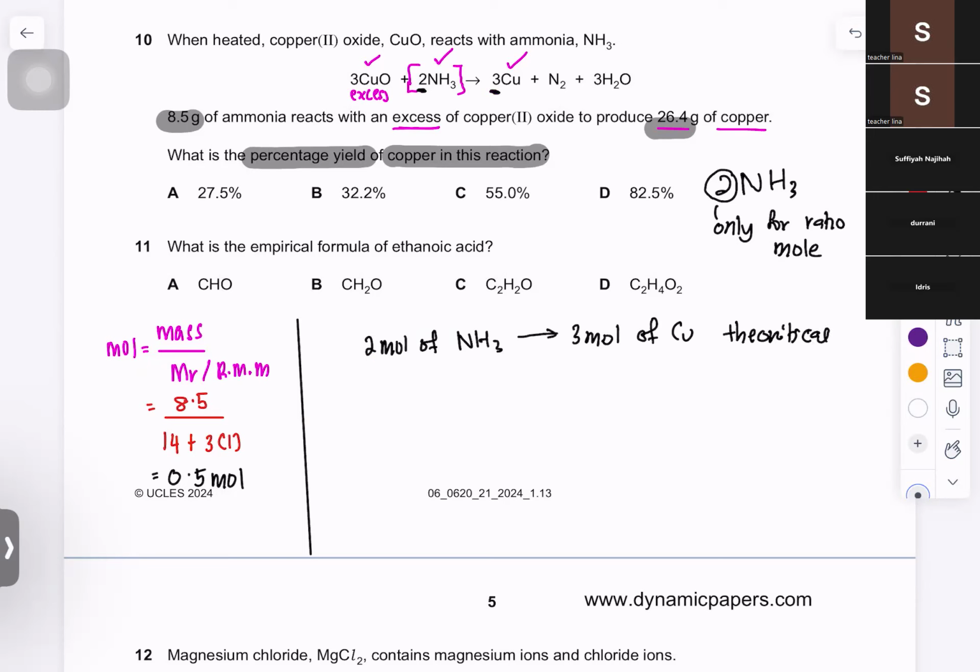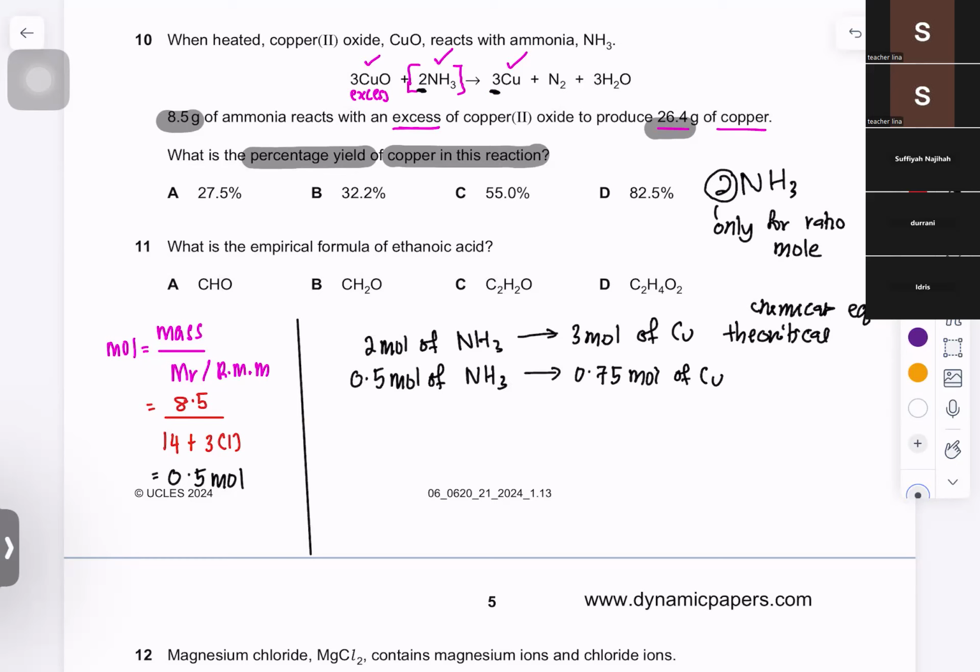Now, in the experiment, you just use 0.5 mole of ammonia. So you multiply across, and get 0.75 mole of copper.